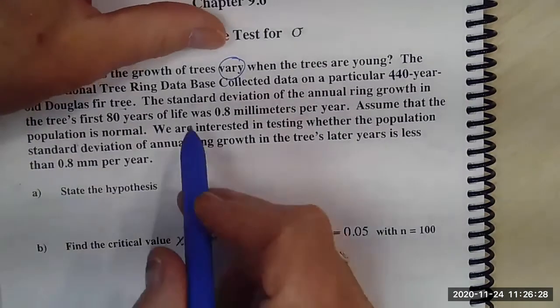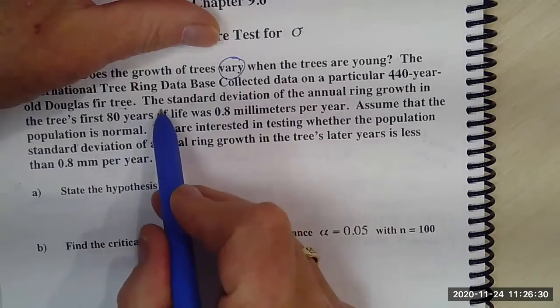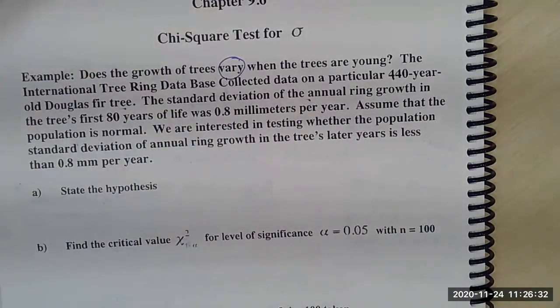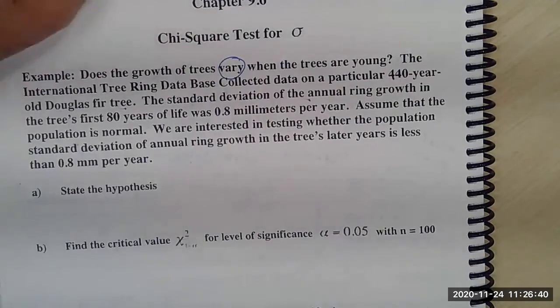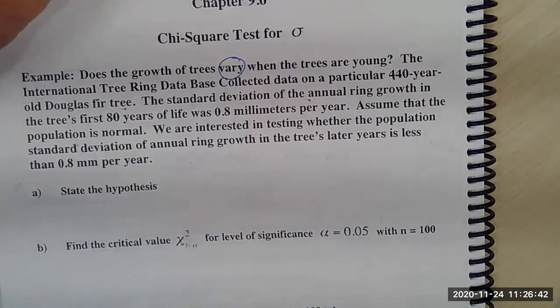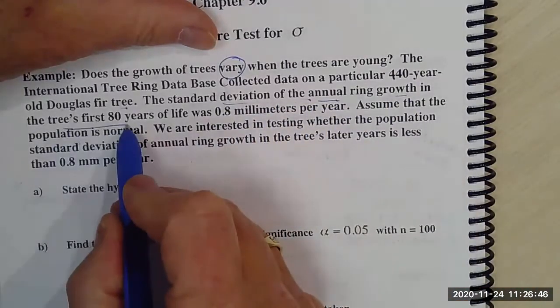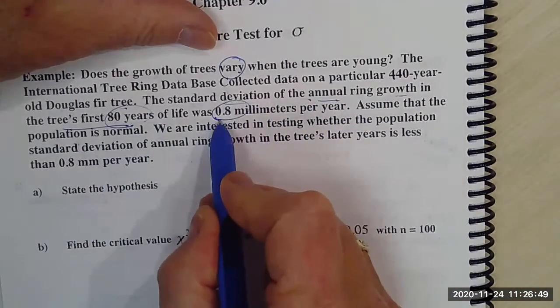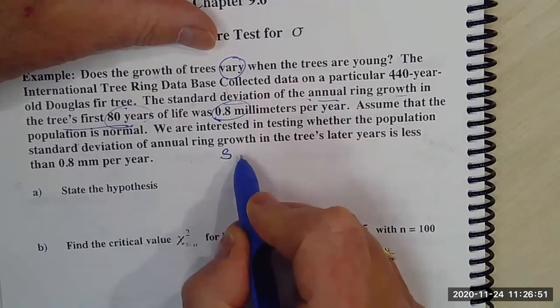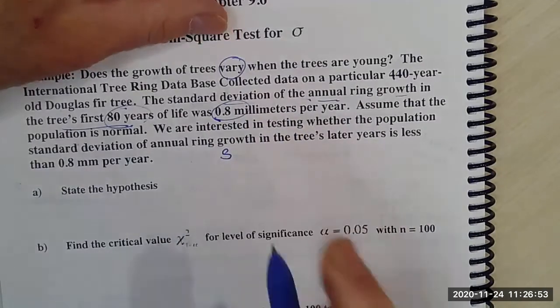So standard deviation. Okay, how in the world do they get the standard deviation? That might be a good question. How would you do that as a statistician for the U.S. forestry? But they're going to give you the information. Someone gave it to you. Standard deviation of annual tree growth in the first 80 years of life was this. Okay, that's going to be your little s, because it's the first 80 years.